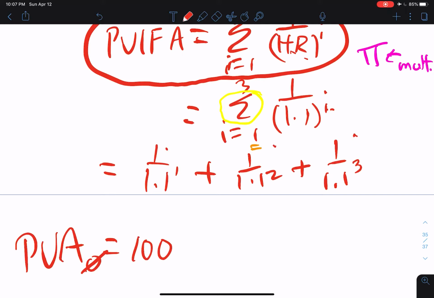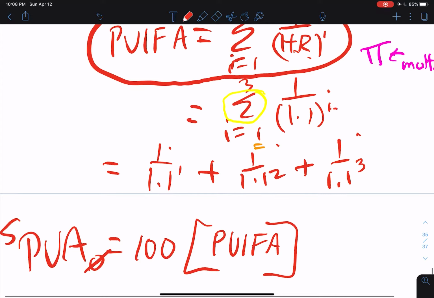And the sum of those 3 numbers is, right now I'll just call it PVIFA. Okay, so the present value of the annuity, which is measured in dollars, is equal to the annuity cash flow, which is $100, times the PVIFA.